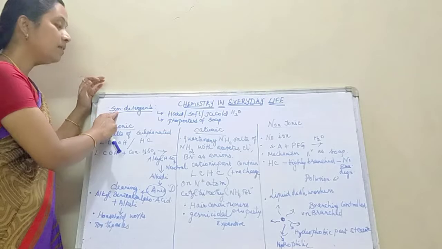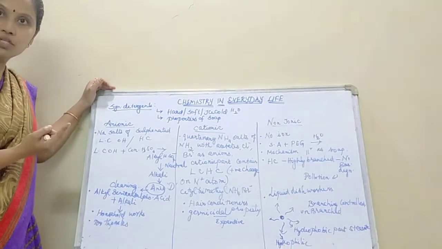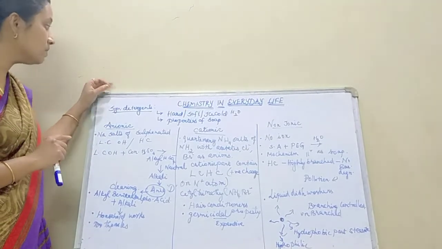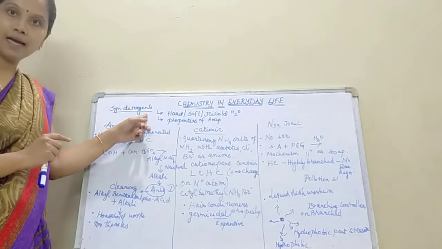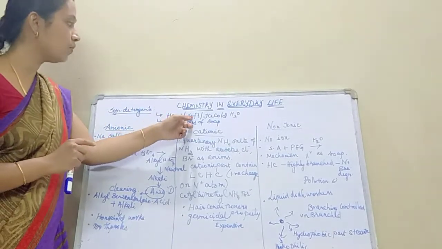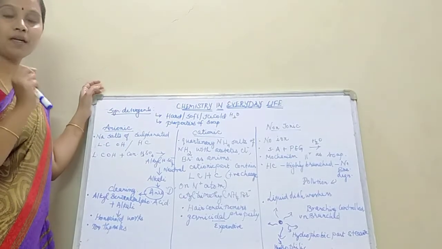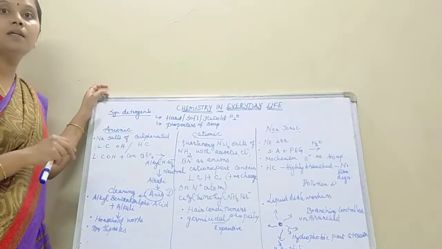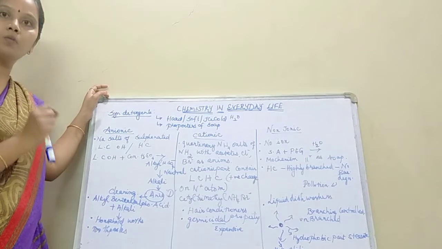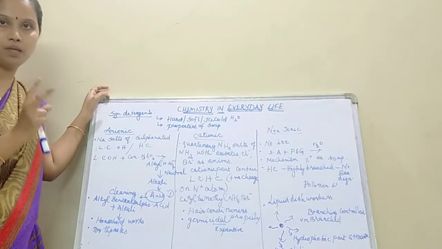Synthetic detergents are more advantageous than soaps. Why? Because synthetic detergents can act in hard water, soft water as well as in ice cold water, while soaps are effective only in soft water. They are ineffective in hard water because of the formation of insoluble scum.